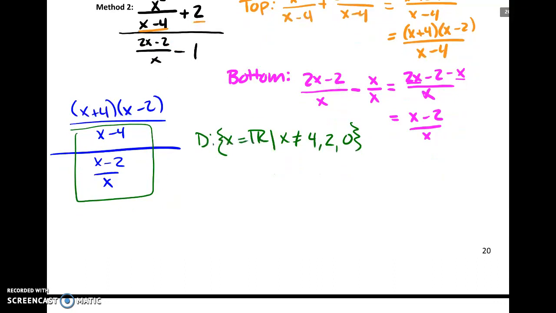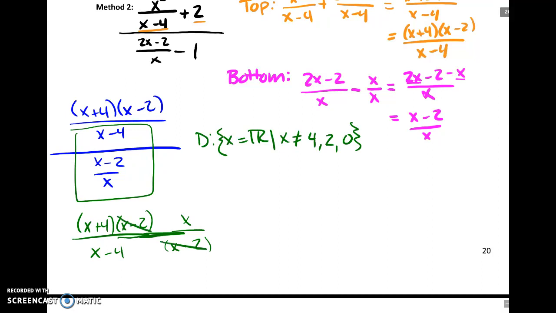Okay, now to solve it, you take the top fraction, so x plus 4, x minus 2, or to simplify it, I guess, over x minus 4, multiplied by the reciprocal of the bottom, so x over x minus 2. Okay, now we're multiplying, so you can draw out your fraction bar and cancel your terms.